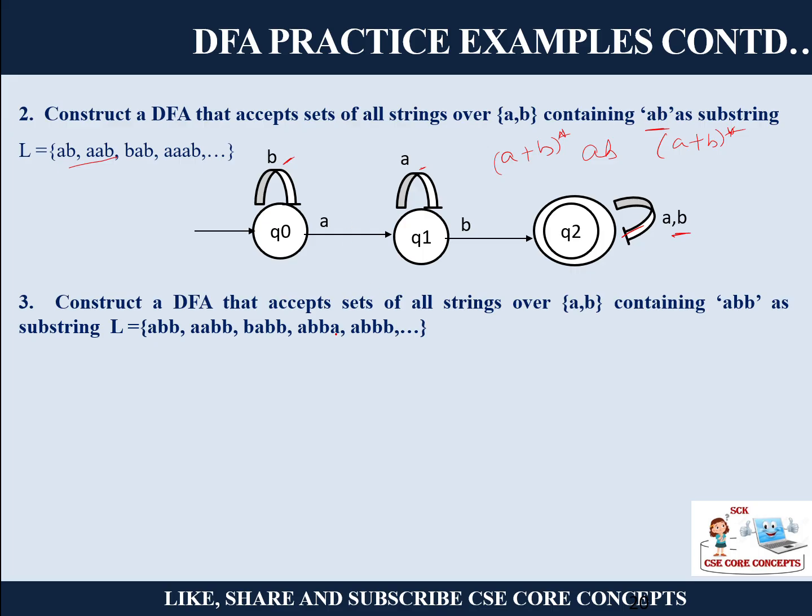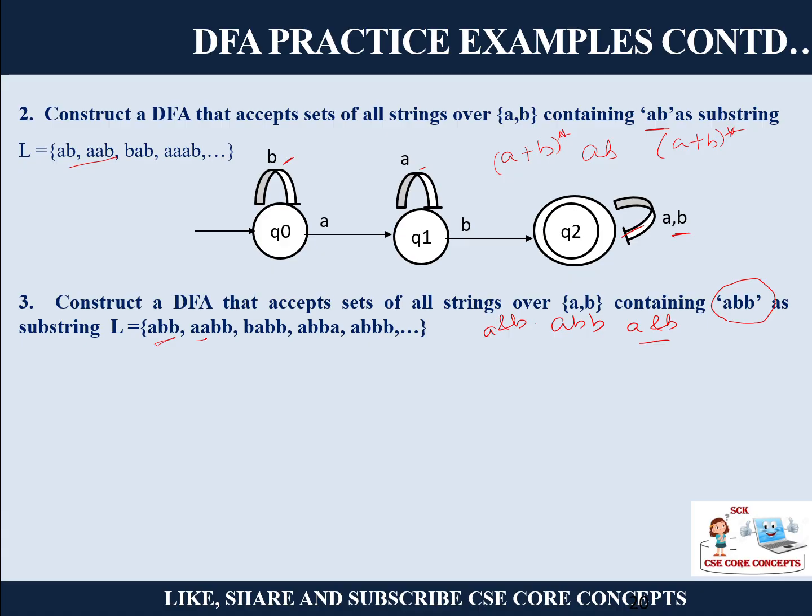Now let us go to the third example: a DFA that accepts all strings over {a, b} containing ABB as a substring, right? So ABB should be a substring. Before ABB you can have any number of A's and B's, and after ABB you can have any number of A's and B's. So the minimum string is ABB.